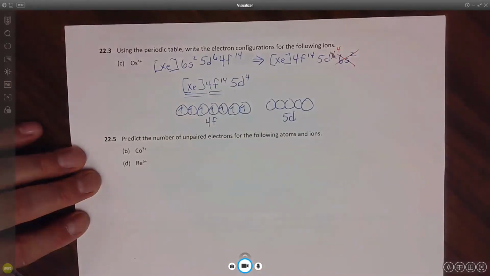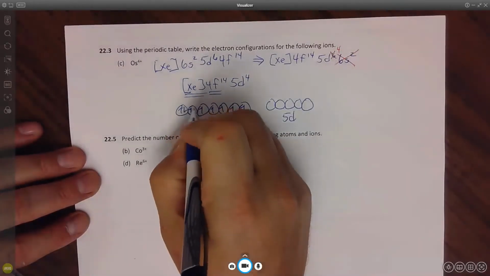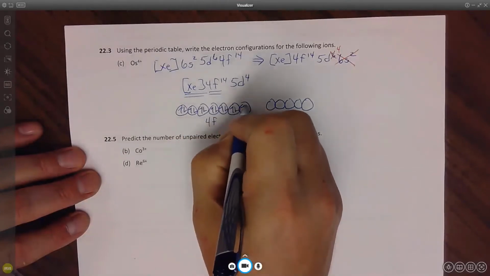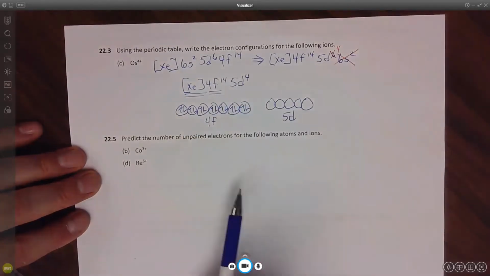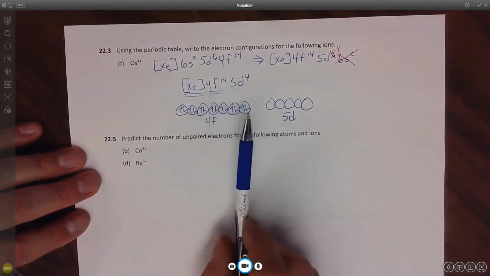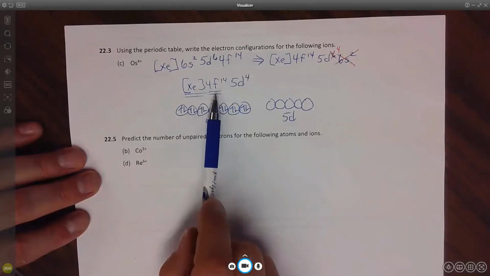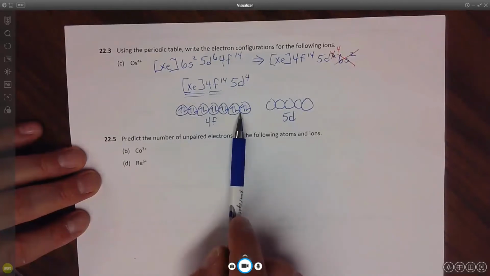Now we can go back and pair them up: 8, 9, 10, 11, 12, 13, 14. So now we've accounted for all 14. This is why we don't worry about the noble gas core, because they'll all be filled. We don't care about the pseudo-noble gas core that says filled F and D orbitals, because we know they're all going to be paired.